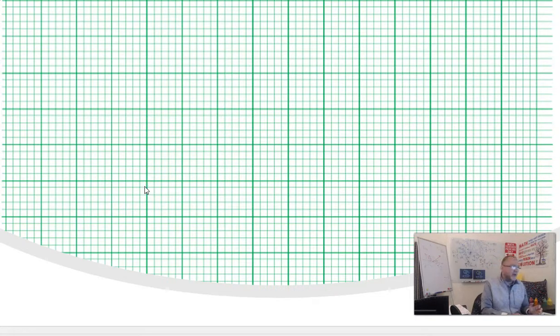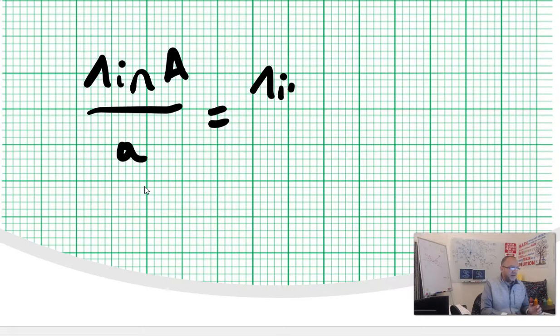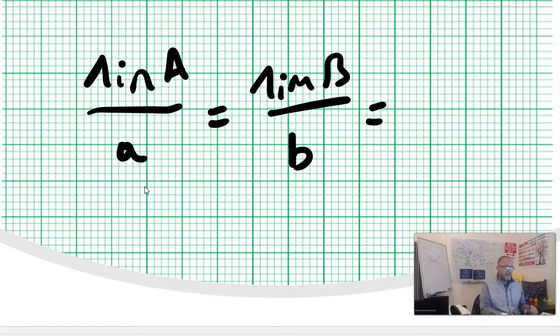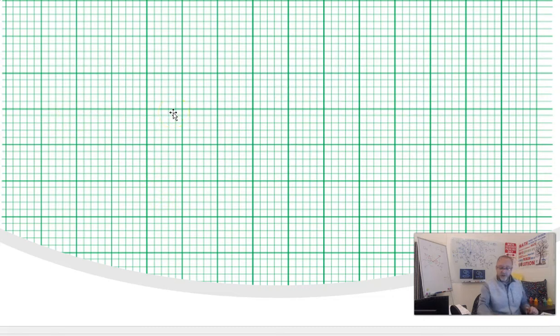You can use sine of angle A in an oblique triangle divided by side A equals sine of B divided by the corresponding side, which is B, equals sine of angle C divided by C, the side C. But this law comes with a lot of constructional geometry ambiguity that starts with, do we really first of all have a triangle?